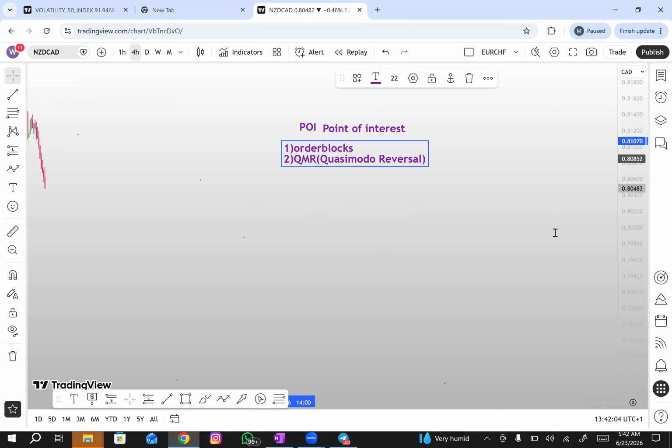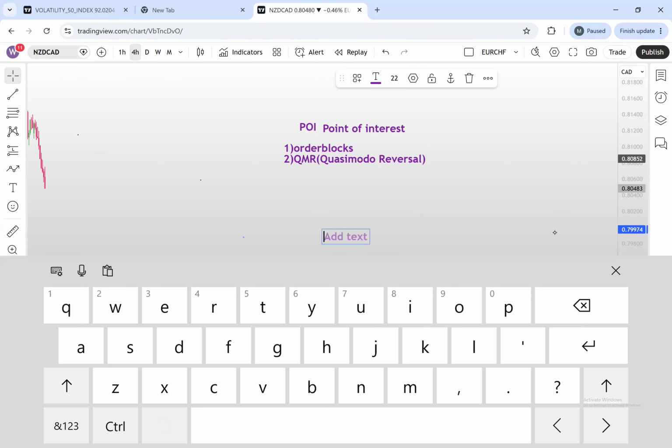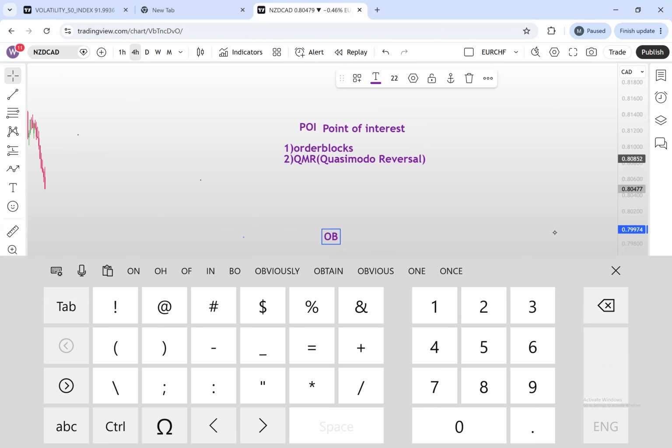So order blocks. What is an order block? There are two types of order blocks: the bullish order block and the bearish order block.